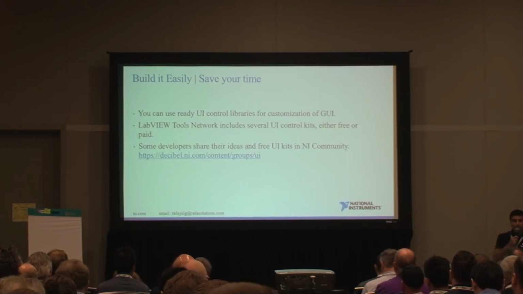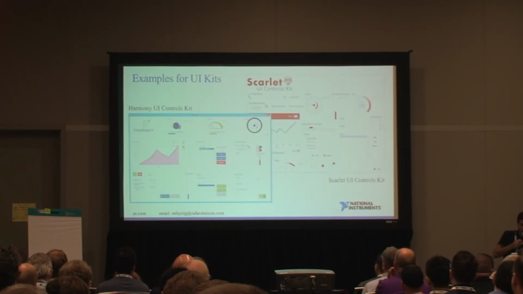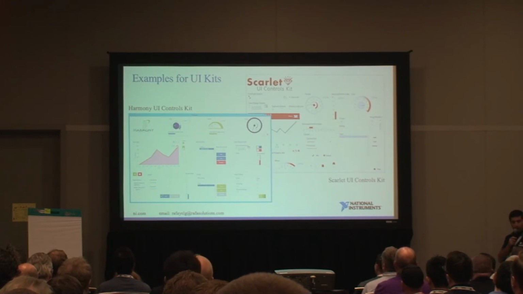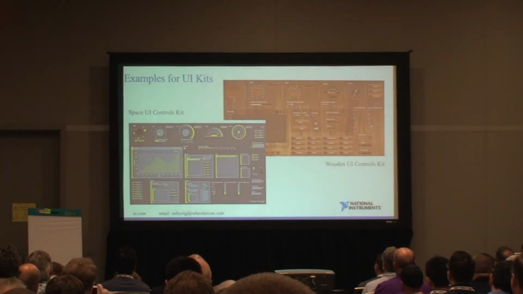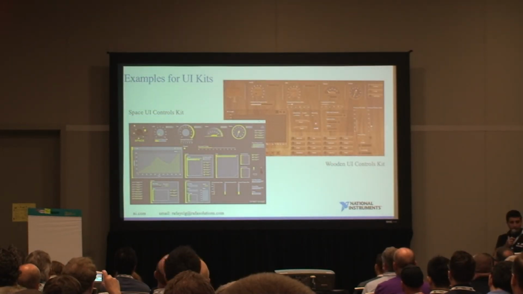These are different designs. I will show a couple of them. The Harmony UI Controls Kit is in this color range. There is another one in red and gray, which we call Scarlet. There is also the Space UI Controls Kit for industrial applications.